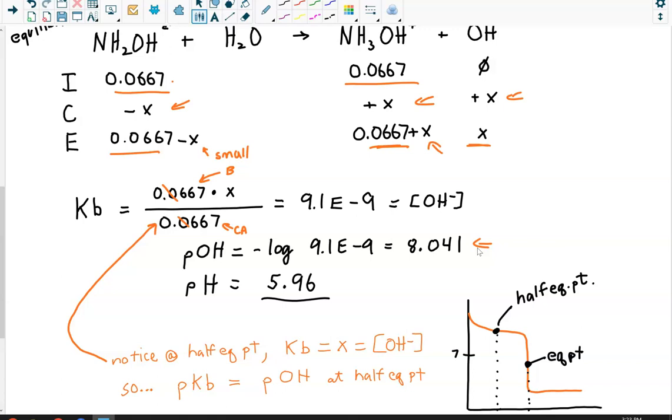So it's kind of neat, right? Remember that's at this point here. So that's the pOH, because x is the OH concentration. Take the negative log, you get this, and then what would the pH be?